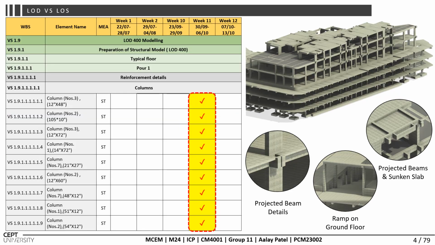In week 11, the table shows the project schedule that was highlighted during the development of LOD 400 reinforcement details for the concrete pours in week 11. These detailed reinforcement models provided an in-depth view of the structural elements, enabling precise identification of tasks scheduled for specific weeks or days.